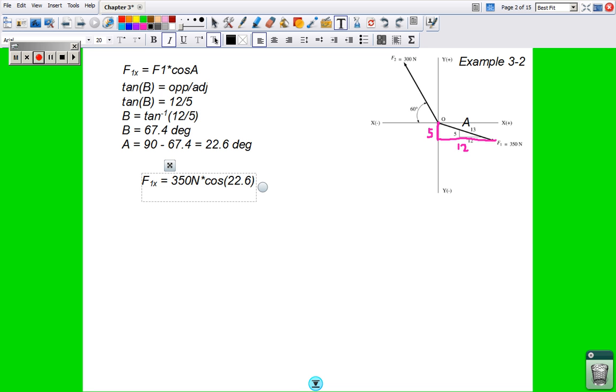When I plug that into my calculator, I get 323.1 newtons.